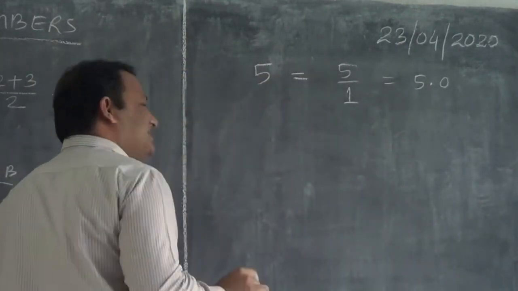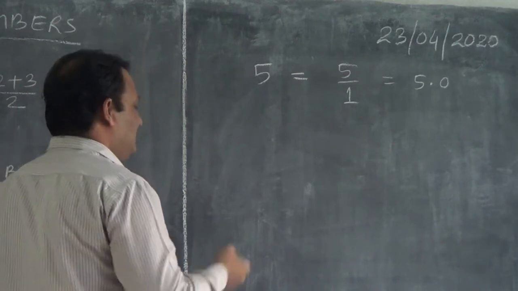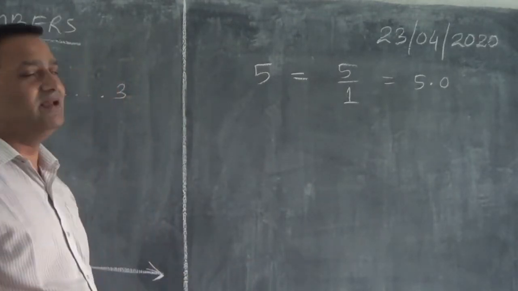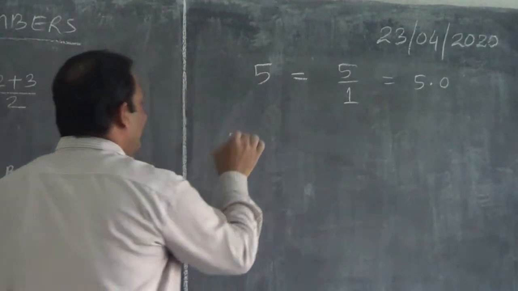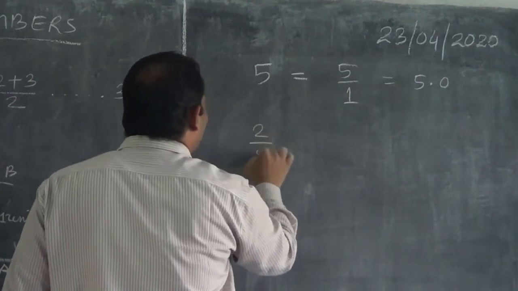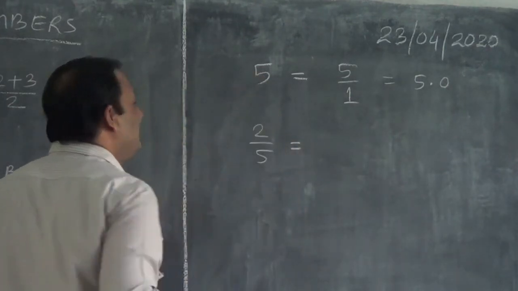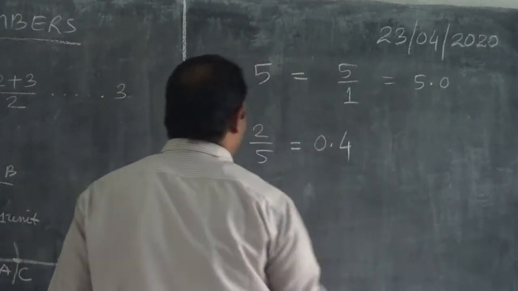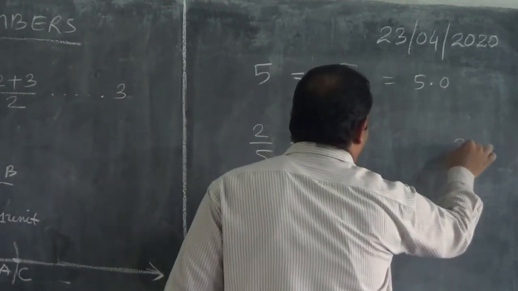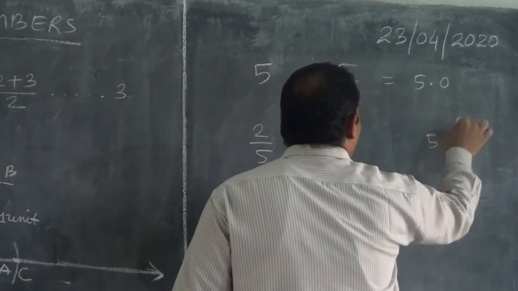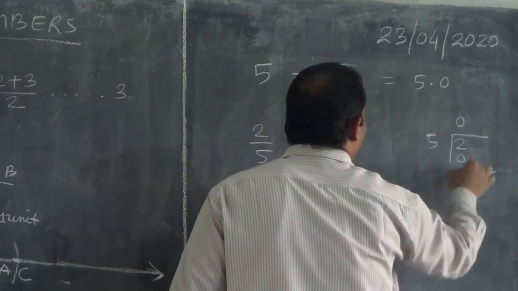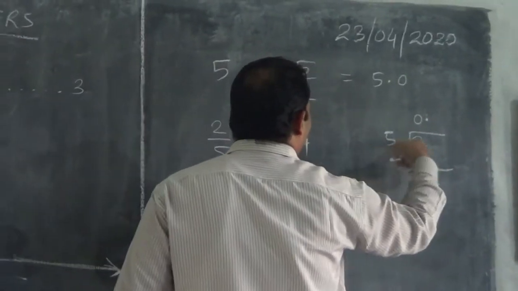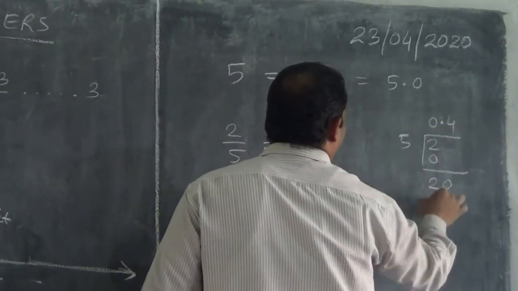So natural numbers, whole numbers and integers can be written in decimal form. But as regards a number like 2 by 5, it can be written in decimal form as 0.4, because when I divide 2 by 5, 5 zeros are 0. Then put a decimal point, bring down 0 here, 5 4s are 20.